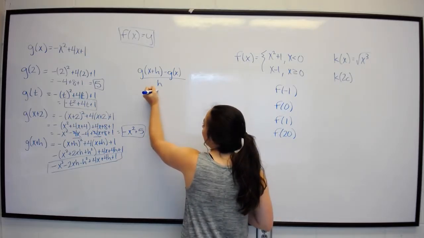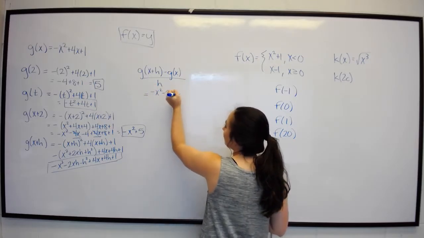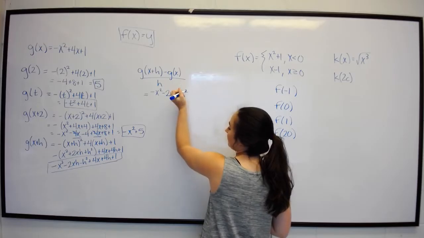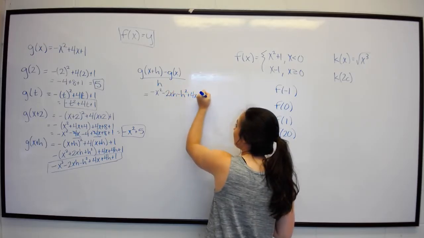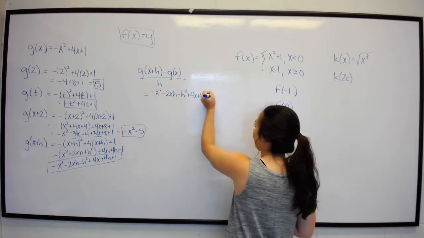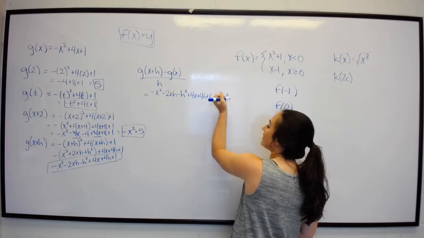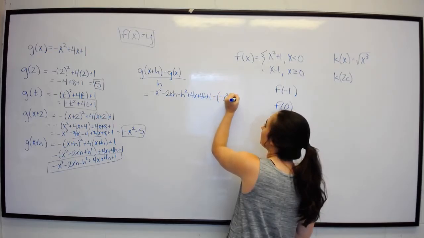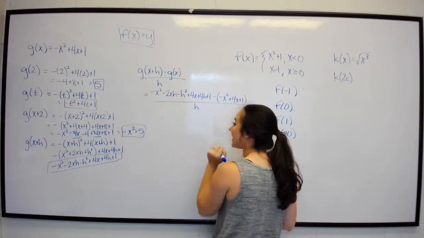So we have negative x squared minus 2xh minus h squared plus 4x plus 4h plus 1. Now we're going to say minus, and make sure you put parentheses around your entire g of x. Negative x squared plus 4x plus 1 all over h.